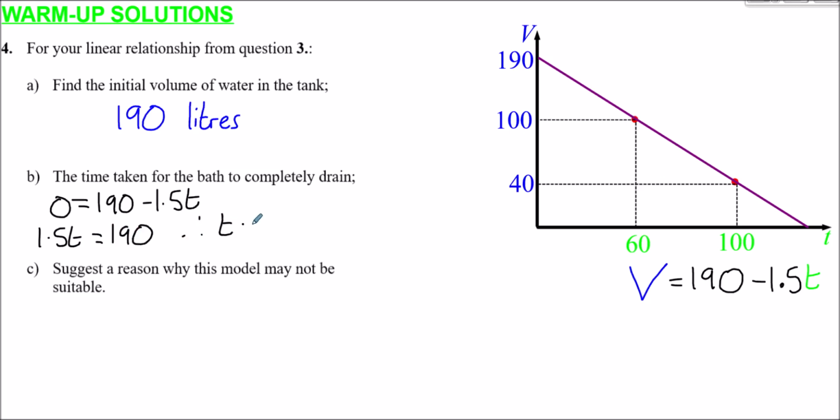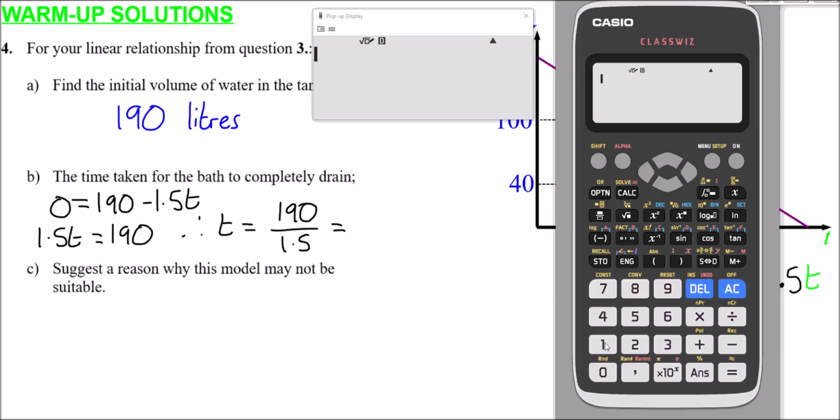Therefore, the time for it to drain is 190 divided by 1.5. Let's see what we get here. 190 divided by 1.5. We're going to get three significant figures at least, about 127 seconds.